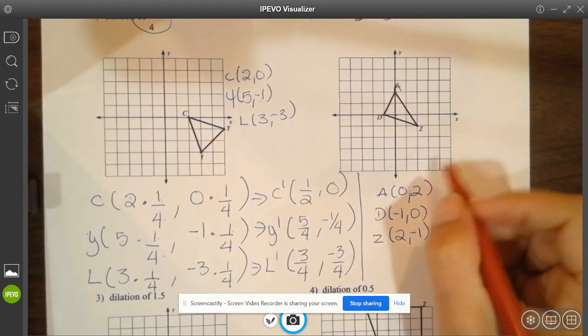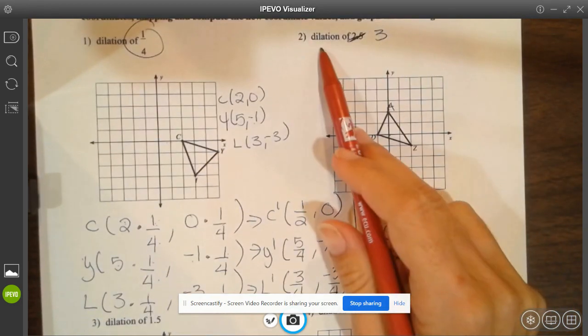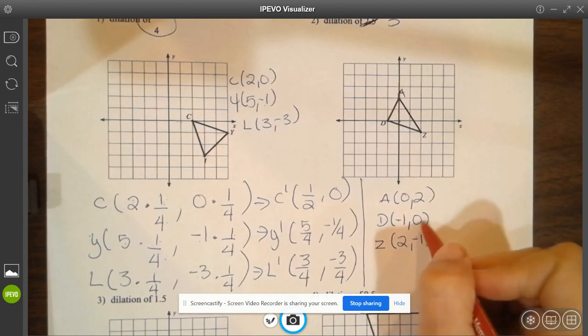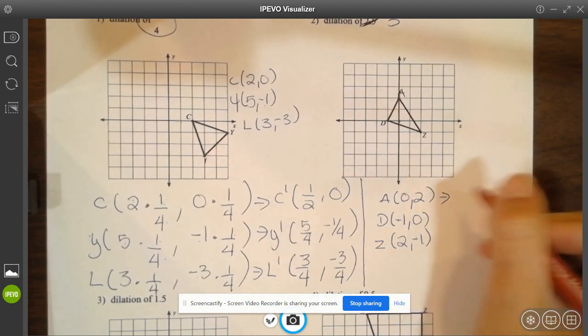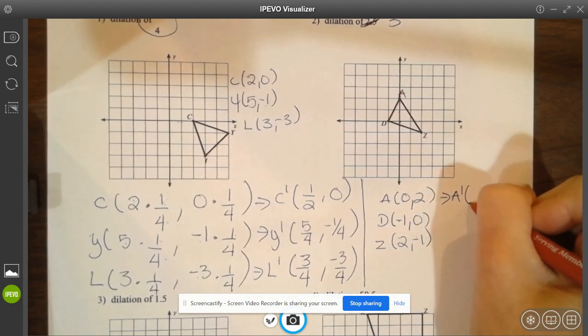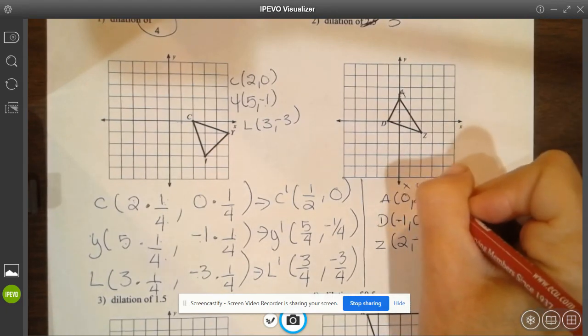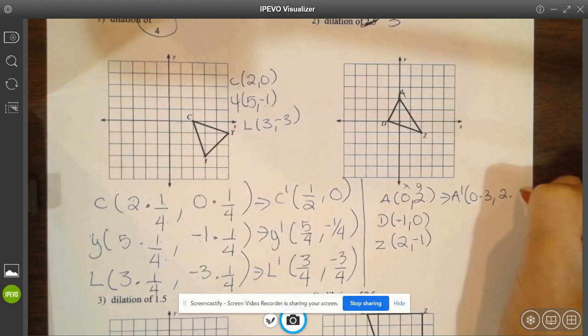Now I'm going to perform the dilation, and it says dilation of 3. That means my scale factor is 3. So each of these is going to be multiplied by 3. So for A, it will be 0 times 3 on my x. This is my x, this is my y. And then 2 times 3 on my y.